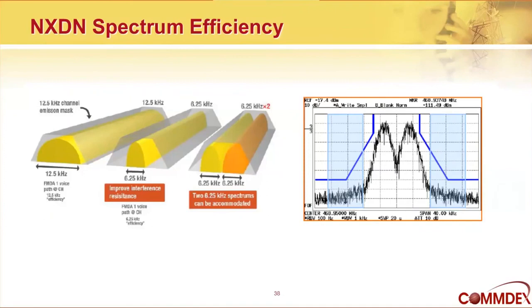You can see how the two channels are adjacent to each other, each one being 6.25, and it fits within the 12.5 kilohertz emission mask. So that gives you a 2-for-1 increase in FDMA as opposed to TDMA doing the same thing.